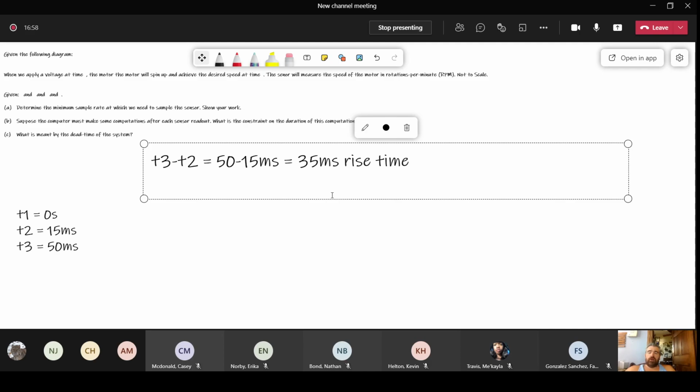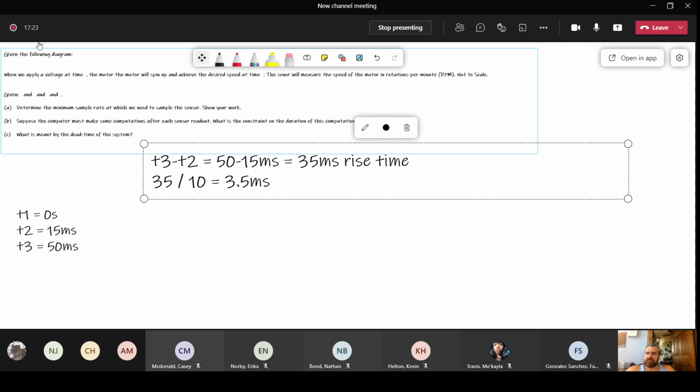And then, if you recall from the notes, since this is a static signal as opposed to a periodic signal, you can't just use the Nyquist criterion for 2x. There's a specific call out in the notes: you should use 10x for this, which means 35 divided by 10 equals 3.5 milliseconds is how often you should sample.